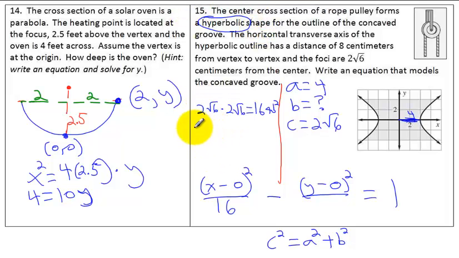And then 2 times 2 is 4. Square root of 6 times square root of 6 is 6, equals, then I still have my 16 plus b squared. This is 24. 24 minus 16 is 8. So 8 is b squared. Now be careful here. 8 is b squared. It's not that b is 8. It's b squared is 8. So that's what b squared is right there. You just put an 8.